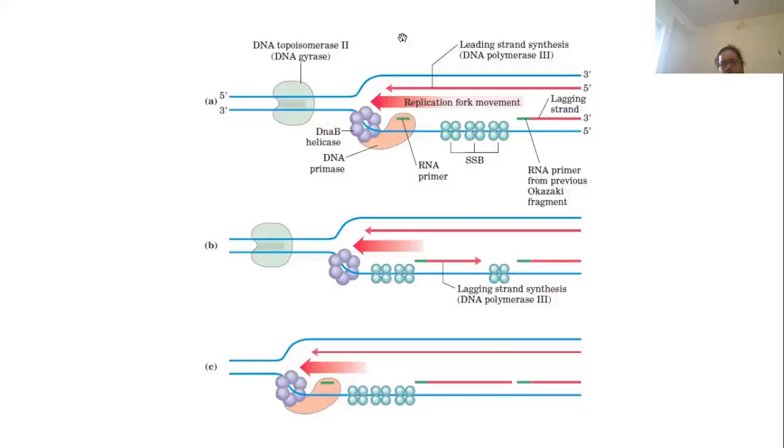Now the enzymes I have discussed in this lecture all play their role in DNA replication in prokaryotes as well as in eukaryotes. These are common enzymes found in both organisms. The only difference is that they are named differently.